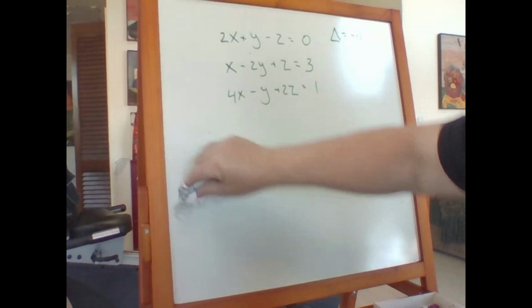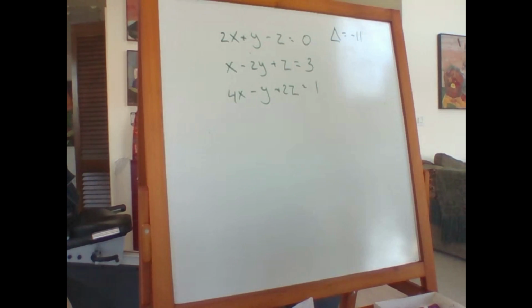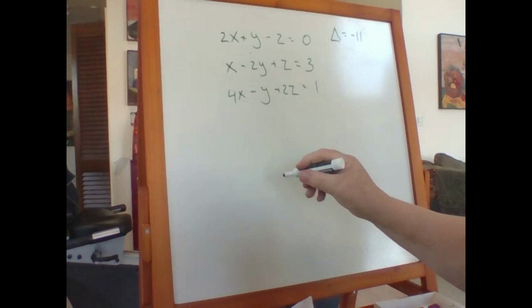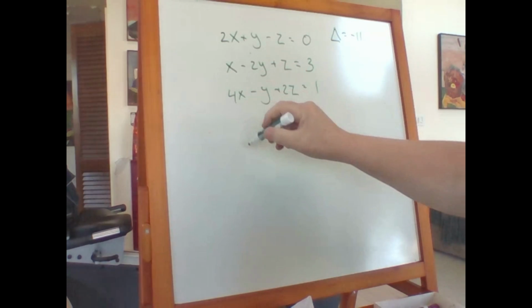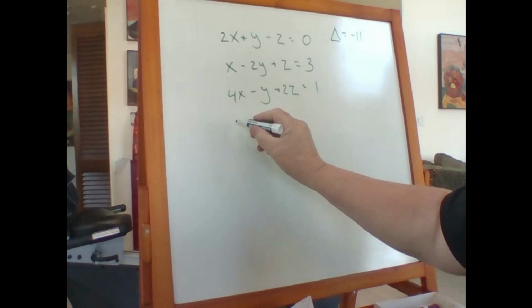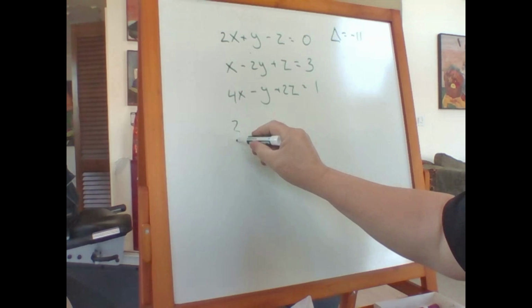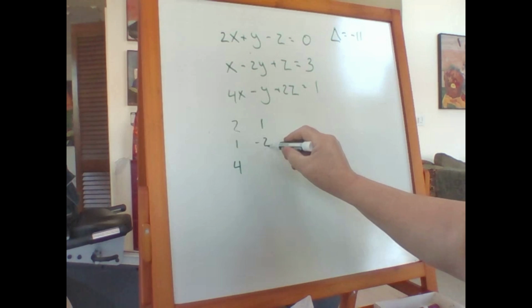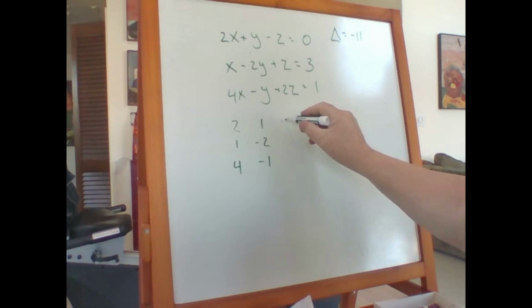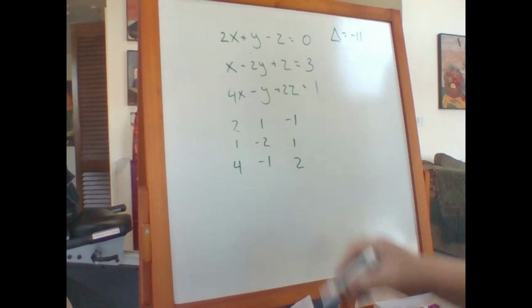You can see how complicated this would be if we tried to eliminate variables. Boy, that could get really messy. But just writing matrices, now, what we do is if we want to solve the X matrix, we rewrite the matrix again. We got 2, 1, 4, 1, minus 2, minus 1, minus 1, 1, and 2.